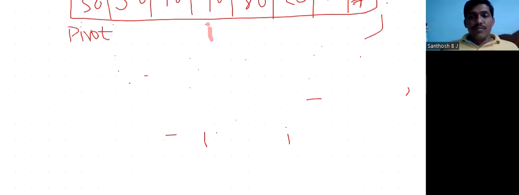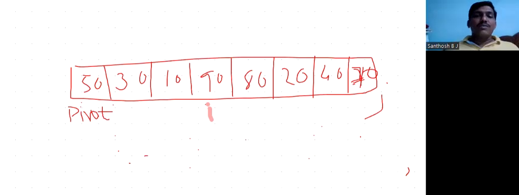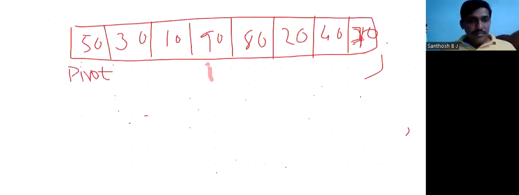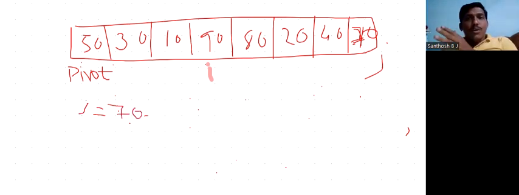So all of you know what the value of J is here. J value is now 70. J value is 70 after stopping I.